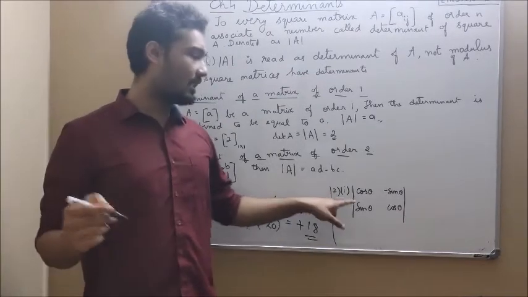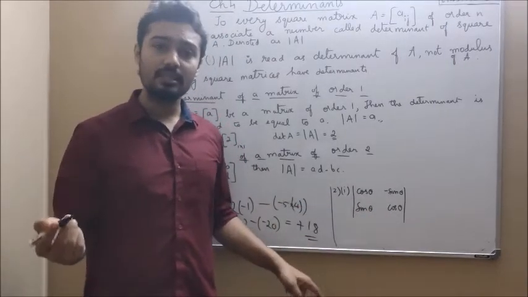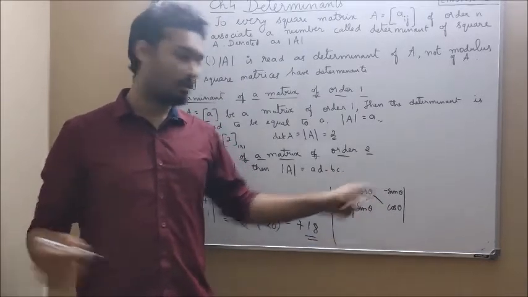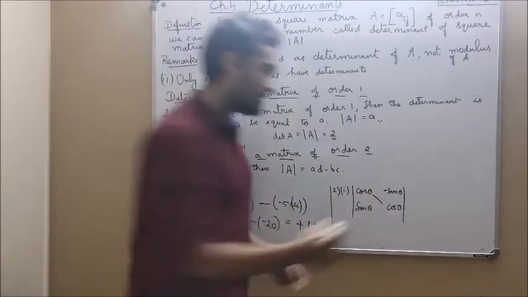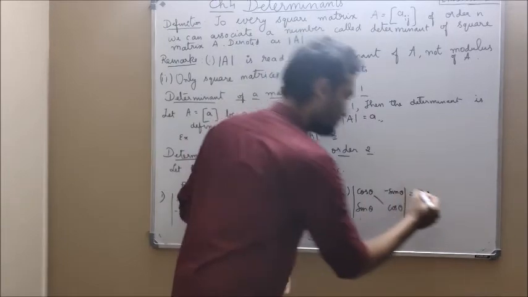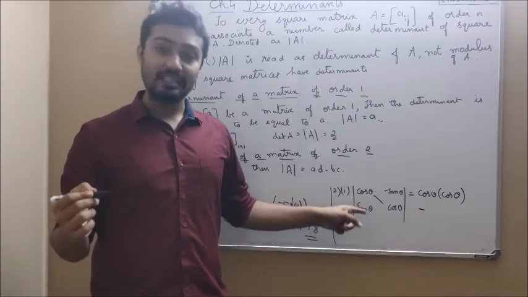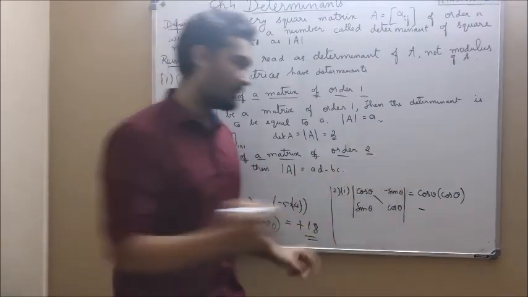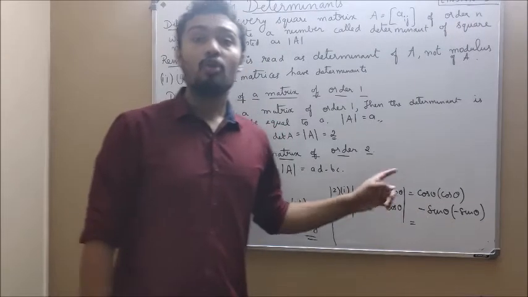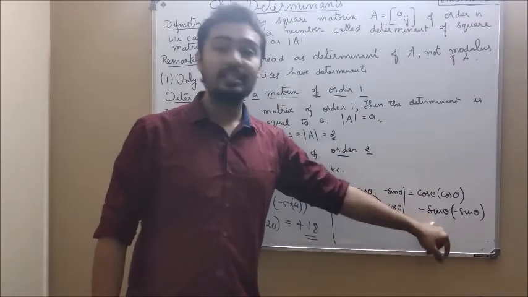Next question, second question. Find the determinant of [cos theta, minus sin theta; sin theta, cos theta]. How to find the determinant? Multiply the diagonal minus the other diagonal. So it is cos theta into cos theta, which is cos square theta, minus sin theta into minus sin theta.